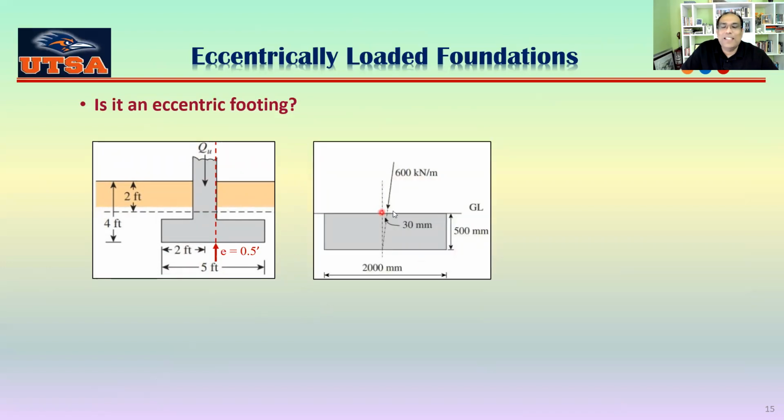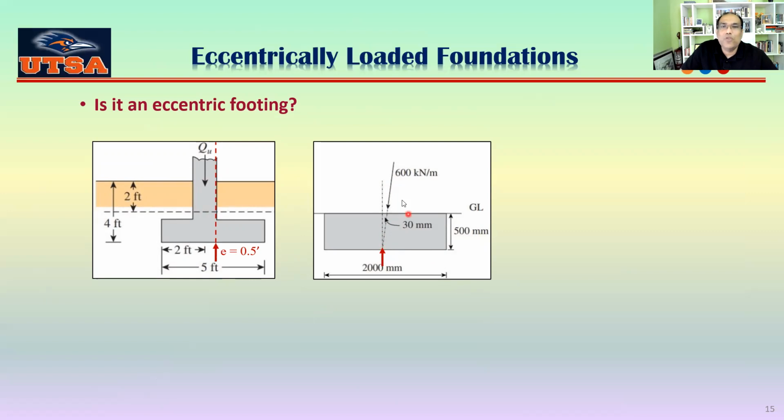Now let's see this case here. There's inclination. This one is working along that line here. But this is basically the reaction, and this is the middle of the foundation. If there is no eccentricity, and this one is passing through the center of the footing, then basically this is not eccentric.